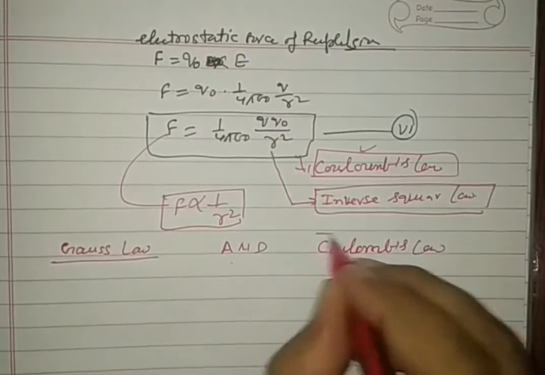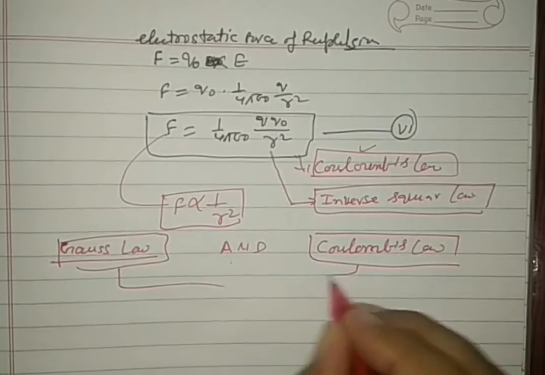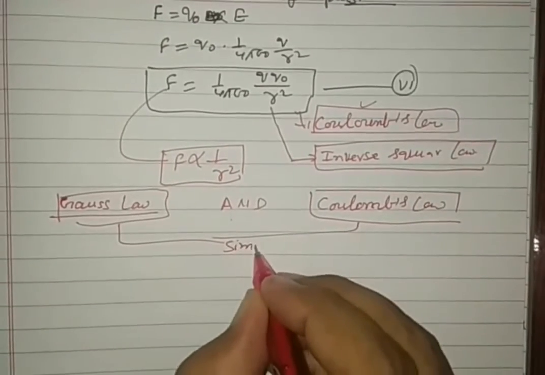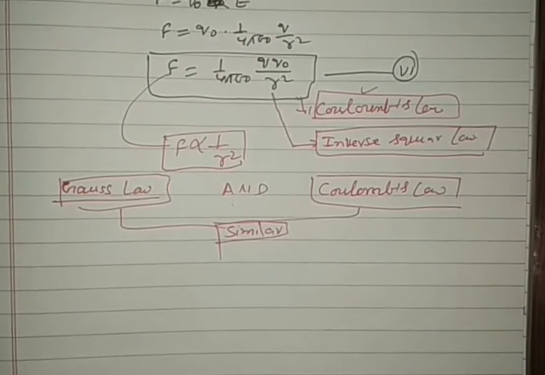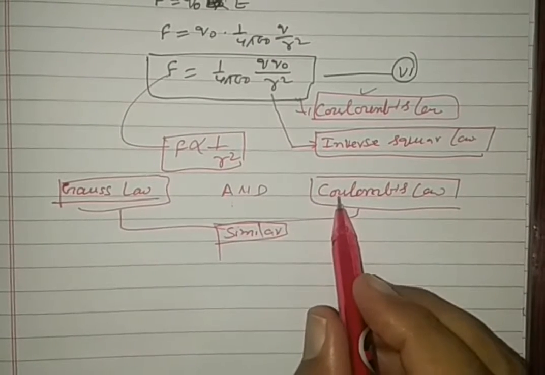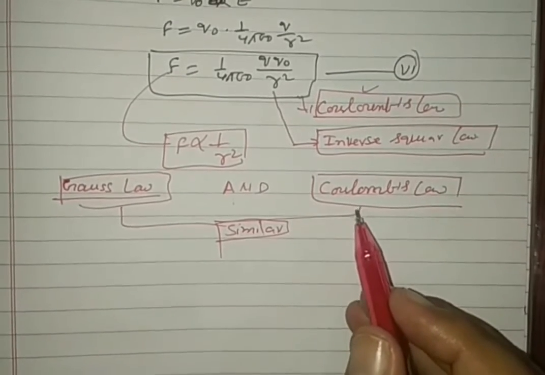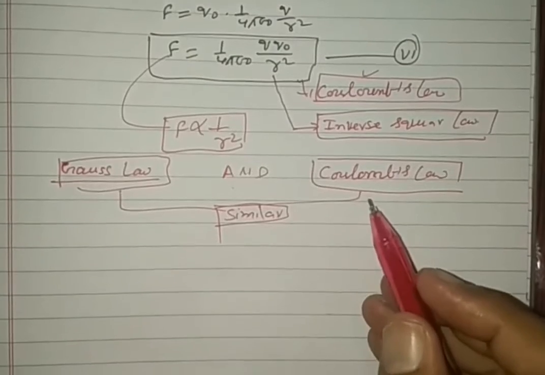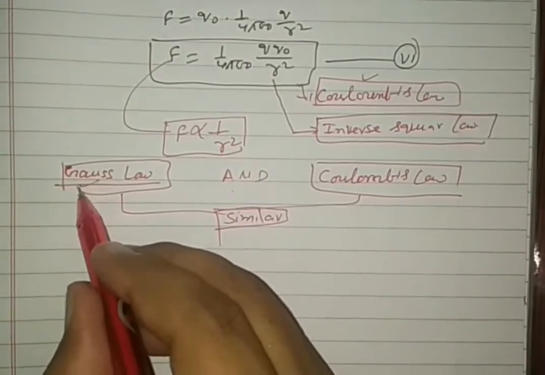Both laws are similar. There is no difference between Coulomb's law and Gauss law. Actually, the electrostatic force is clearly explained by Gauss law.